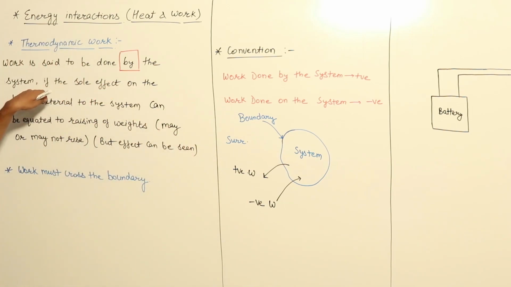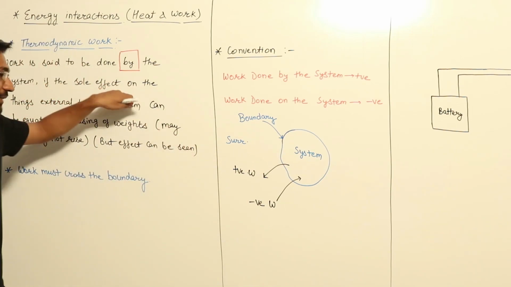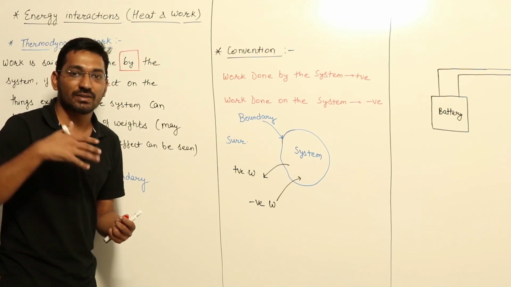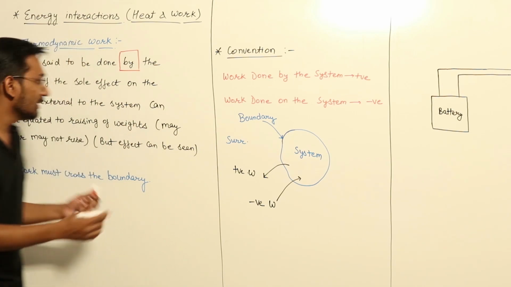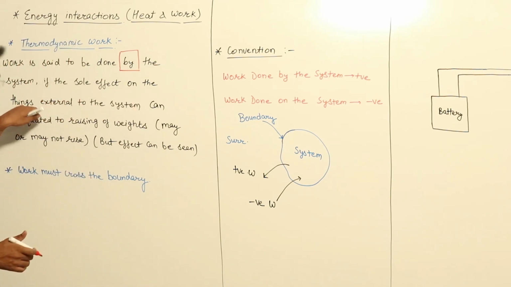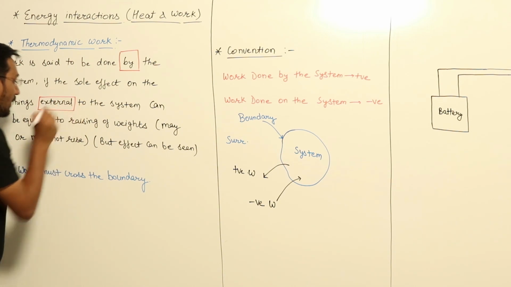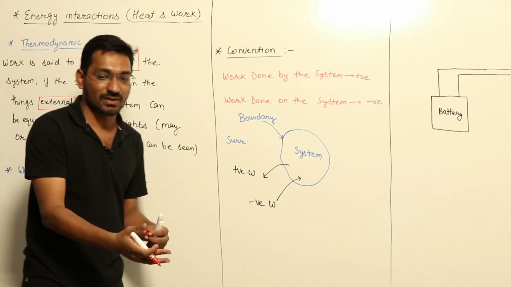By the system, if the sole effect, meaning the net effect of that work which the system is doing on the surrounding, on the things external to the system. This is an important point, that it is external to the system.